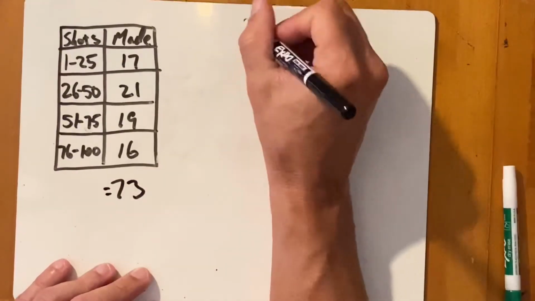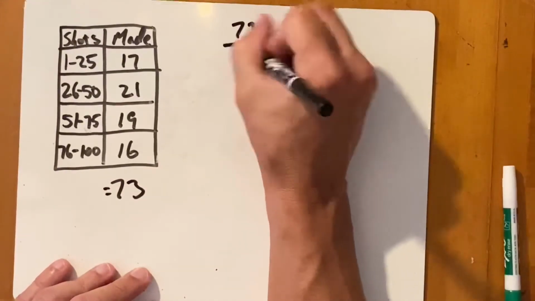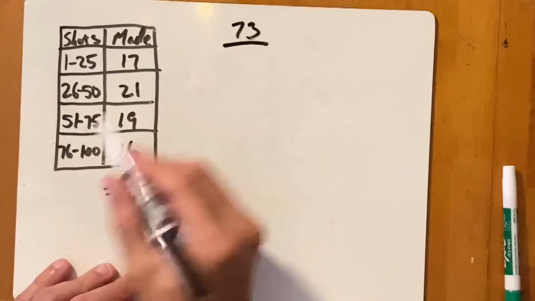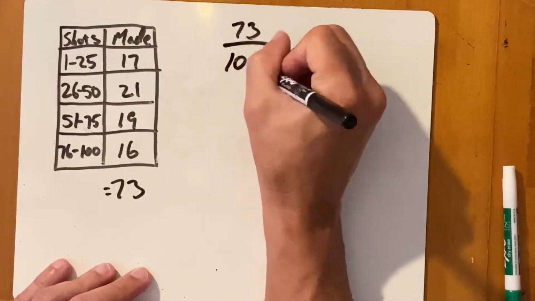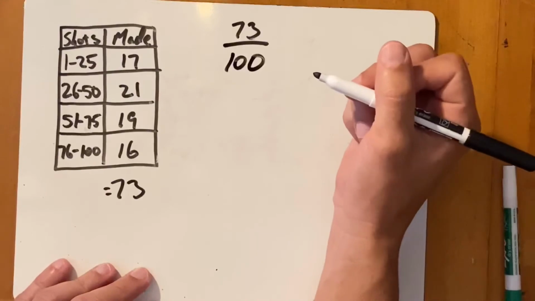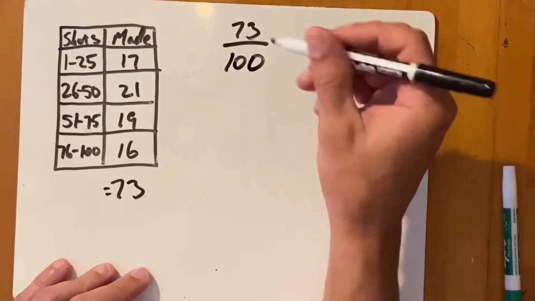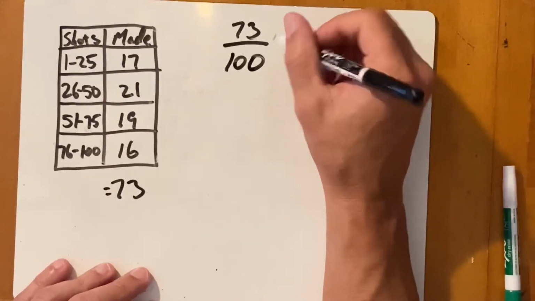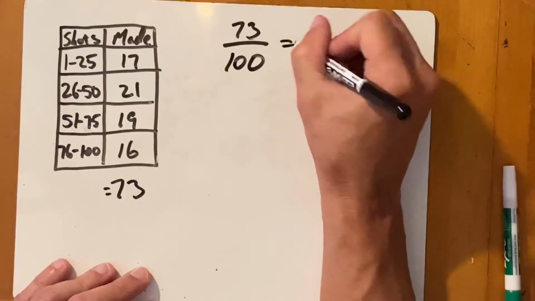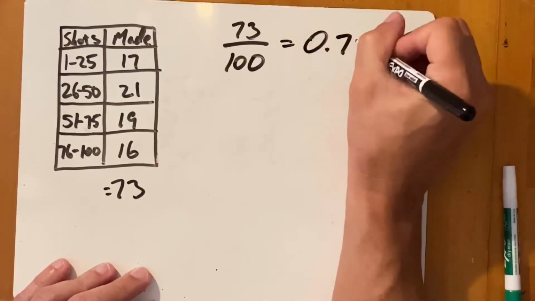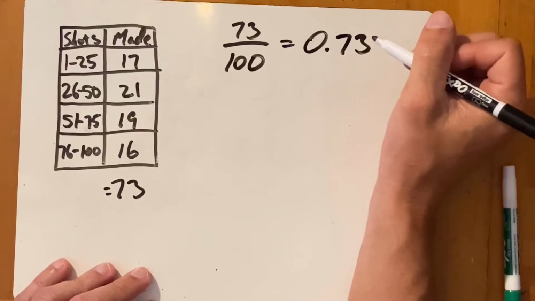That's our frequency. The total shots is how many trials, and that's 100. We can't really simplify that, so you can put your answer in 73/100 form, or in decimal form, which is 0.73.